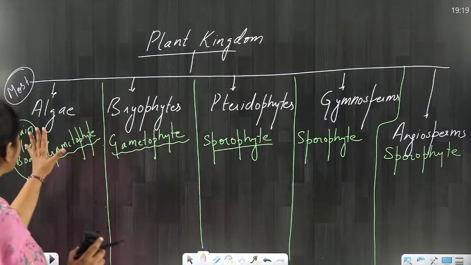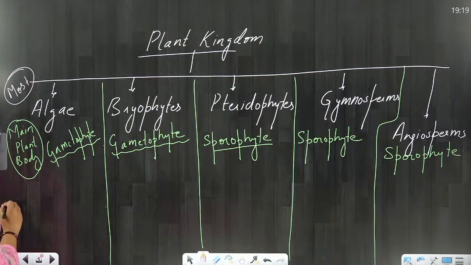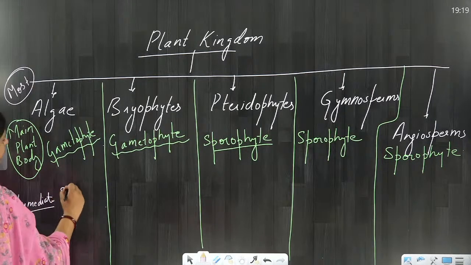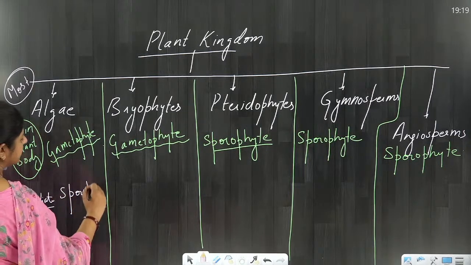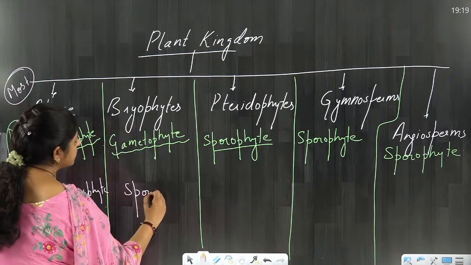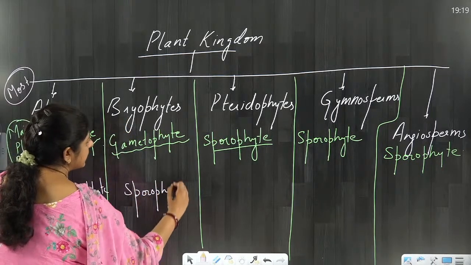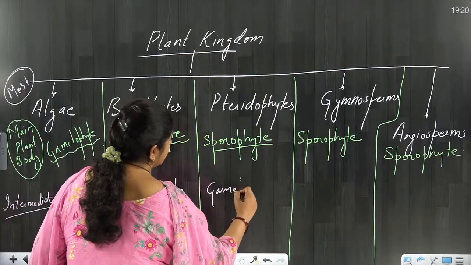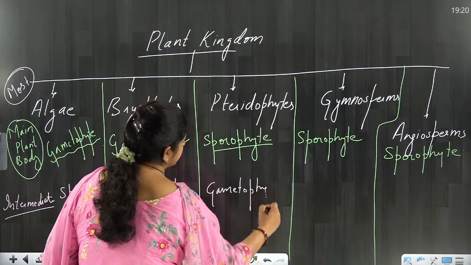So for Algae, what will be the intermediate structure formed? It will be the sporophyte. In Bryophytes, the intermediate structure is also the sporophyte. In Pteridophytes, what is the intermediate structure formed? The gametophyte.